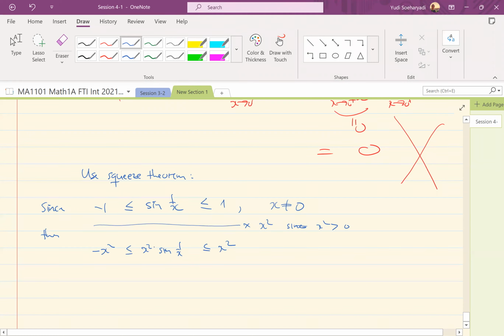So this function, our f of x, is now squeezed between x squared and minus x squared.